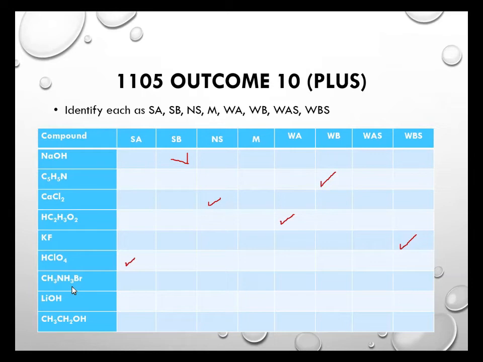So this is a weakly acidic salt. It's got a weak acid, the conjugate acid of a weak base, as its cation. Lithium hydroxide should be easy to recognize as a strong base. And ethanol, an alcohol, is now much easier than it was last semester, I think, to recognize as a straight-up molecule with no acid or base properties.